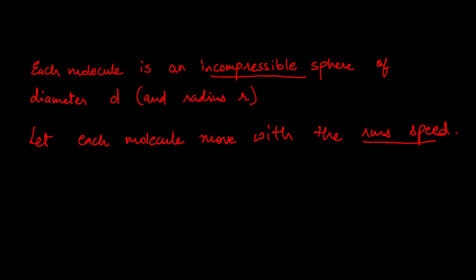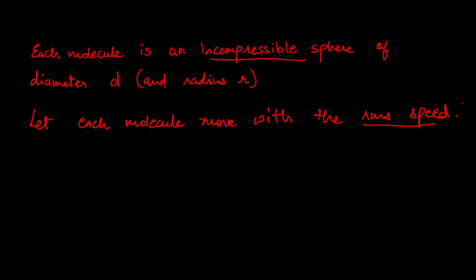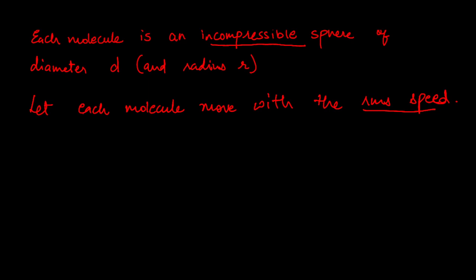Remember, we took RMS speed based on the idea that when we take the average kinetic energy, the speed becomes RMS speed. I derived that for you, the short derivation. So we assume that each molecule has speed equal to v_RMS, and you should remember the formula, square root of 3 k_B T by small m. So keep this in mind.